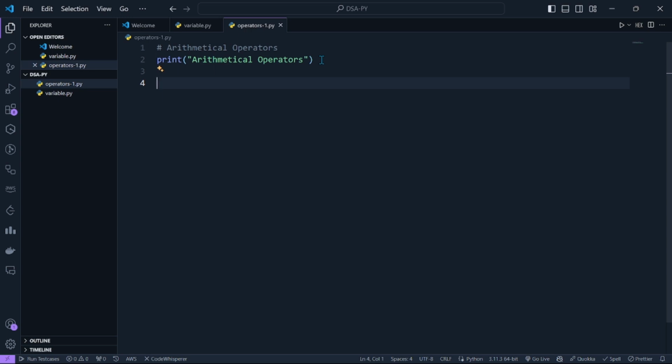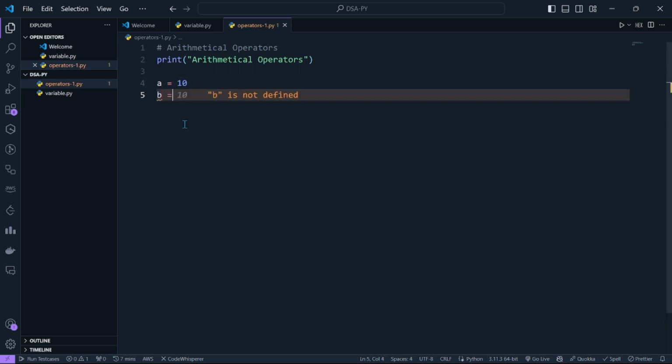Now I will create two variables first. Let's suppose we create variable a, and you can see that we are using this single equal sign, which is our assignment operator. Now I am going to assign the value 10 to this variable a, and then I will create another variable b, and I will assign the value 5 to it.